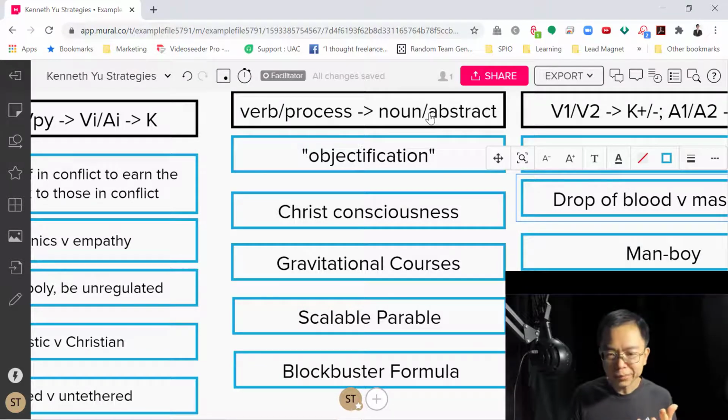So trust me, to go through 2 hours of fine-tooth combing is not an easy task, okay? So gravitational causes is not a verb or process turned abstract. It is already a noun that is further embellished through the use of a fascinating or an unexpected adjective, right?